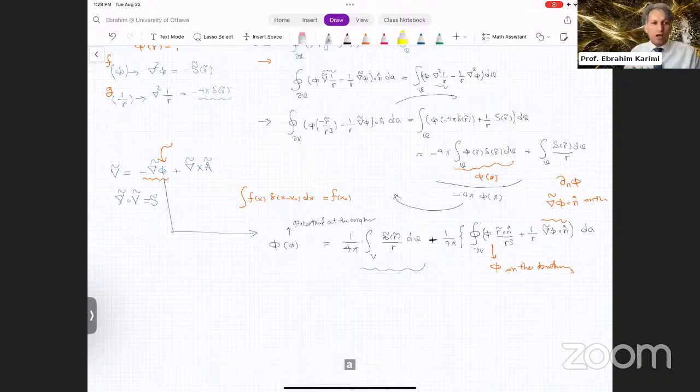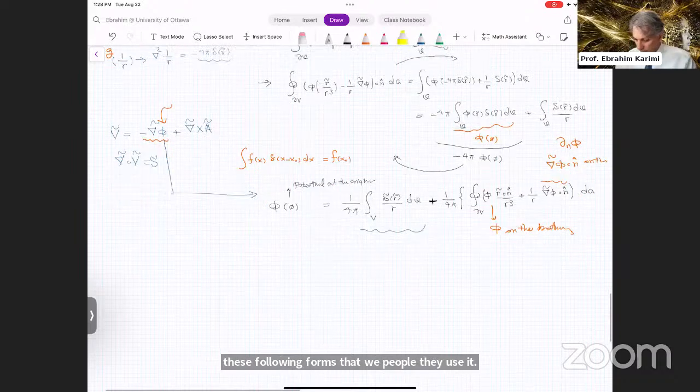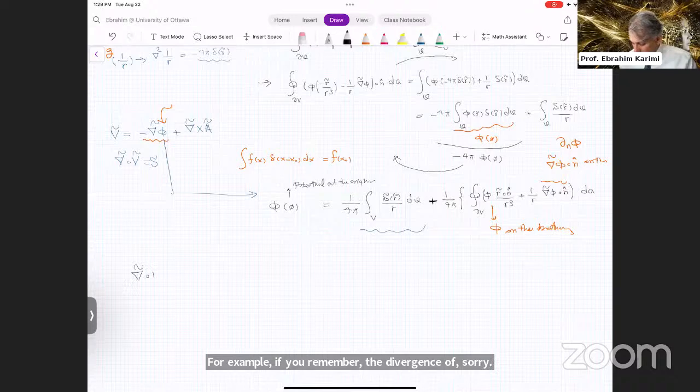They are given in the following forms that people use. For example, if you remember, the divergence of E is given by rho divided by epsilon 0. Explicitly, it looks like that.